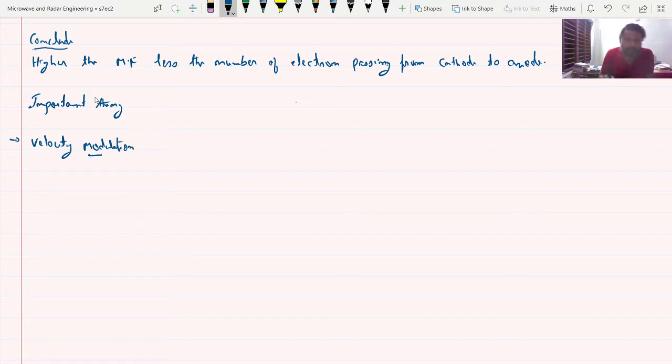So a magnetic force happening on the electron, in general we can quote, that creates the velocity modulation. I can write like that, right? How it is happening, that is my question.